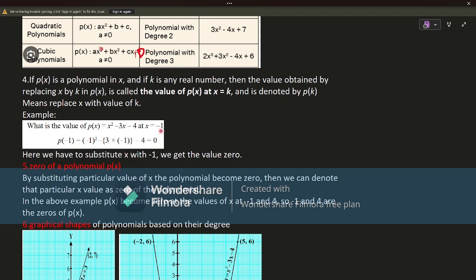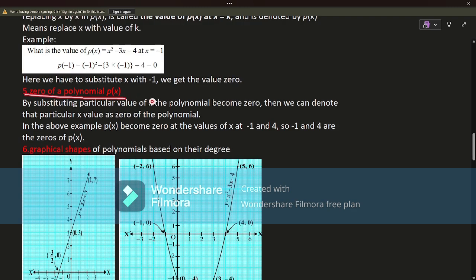So minus 1 is the zero of the given polynomial. This is the major conclusion we have to draw from this example.